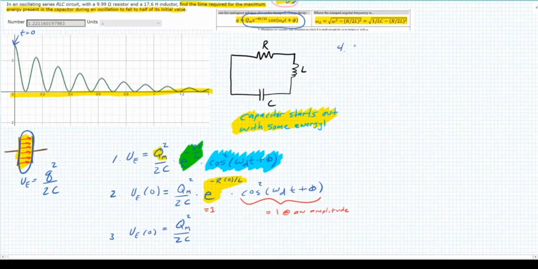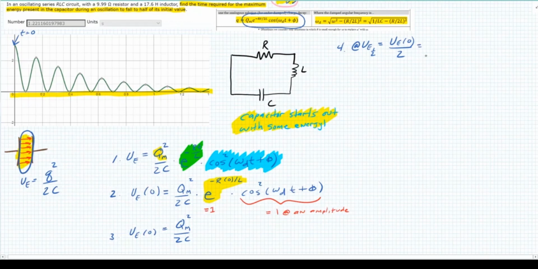Okay, number 4. At half value, UE half. At UE equal to half the value, it equals UE over 2.